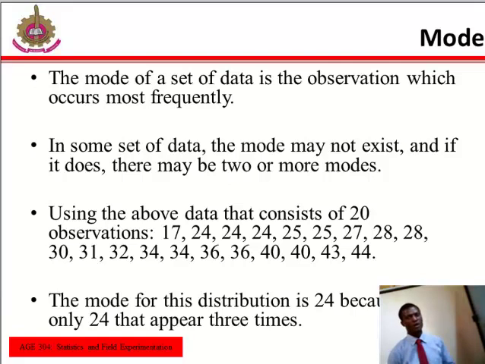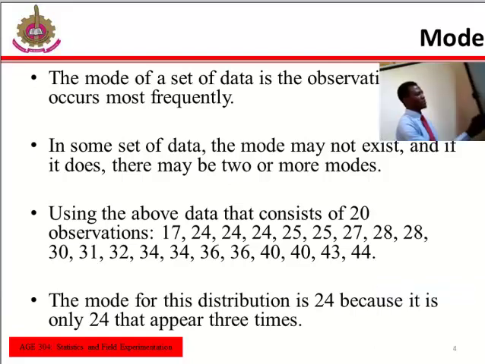That is, there may be two or more observations repeating themselves equally. Using this data that consists of 20 observations, just like we have on the board, the mode of this distribution is 24, simply because it is only the 24 that appears most.